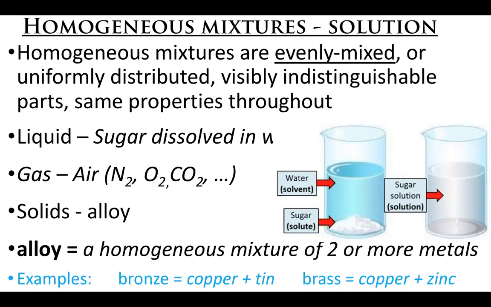Brass is made out of copper and zinc. So they're made out of two or more metals mixed together, and they look the same because we can't tell, right? The same thing with jewelry. A lot of the jewelry, like for example gold, has a different percentage of gold versus other chemicals, other metals, right? So that would be an alloy. Homogeneous mixture, because we can't tell.